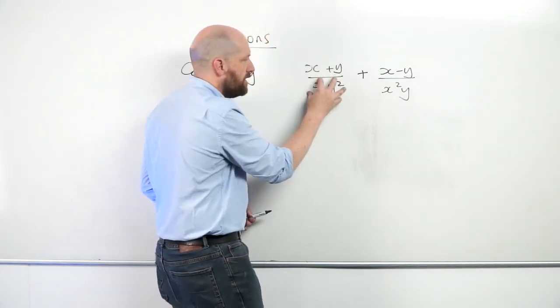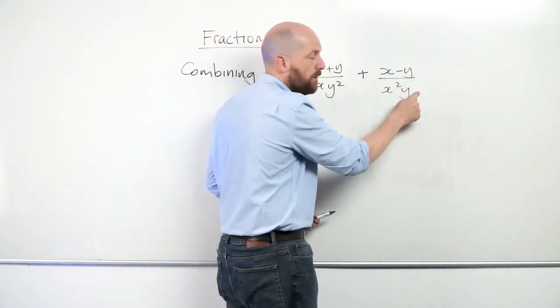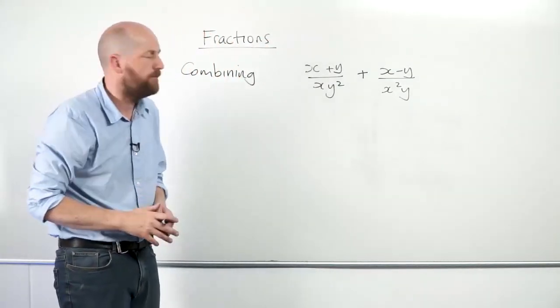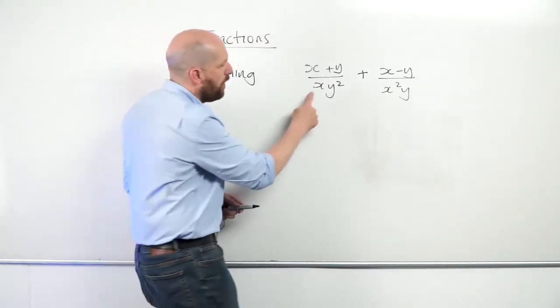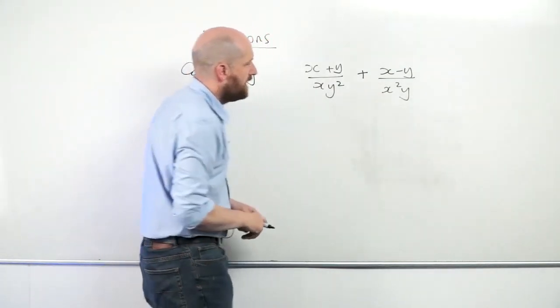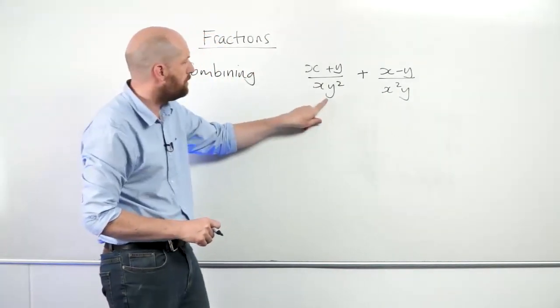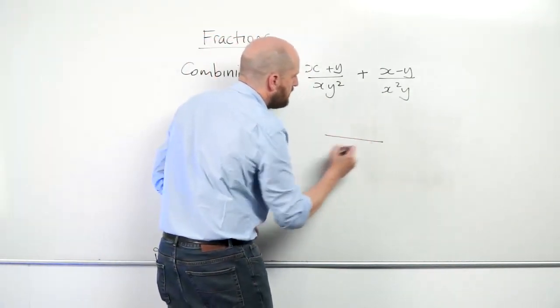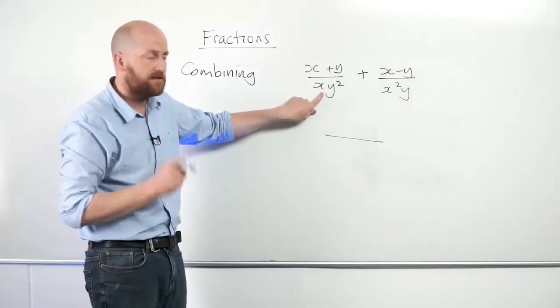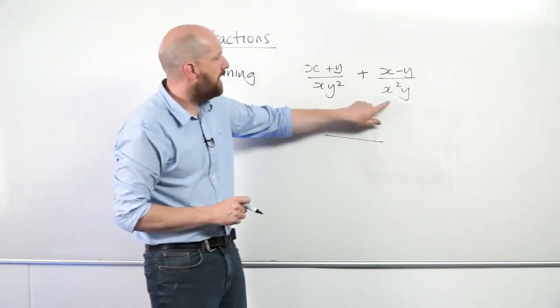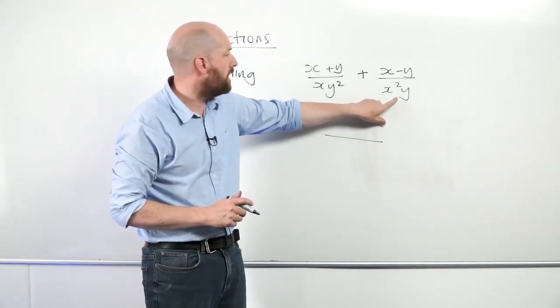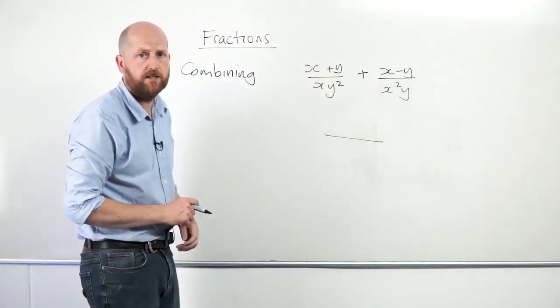I could then take this denominator and multiply the top and bottom there and combine them, just as I did before. In fact, what I want as the denominator is just the lowest common multiple. So I want a number which is certainly a multiple of this, x times y squared, and also a multiple of x squared y. They're not always easy to spot.